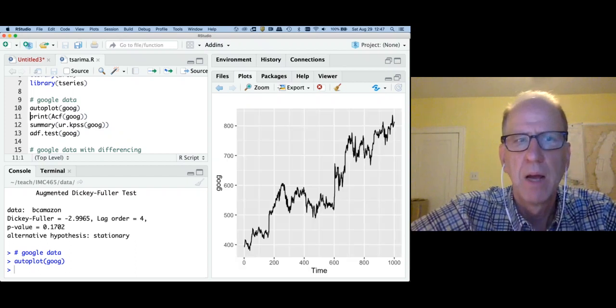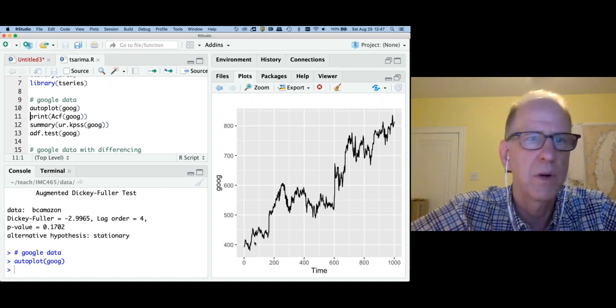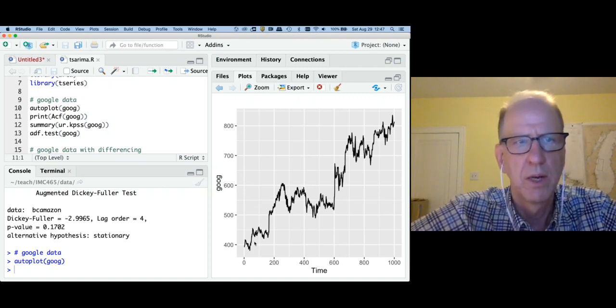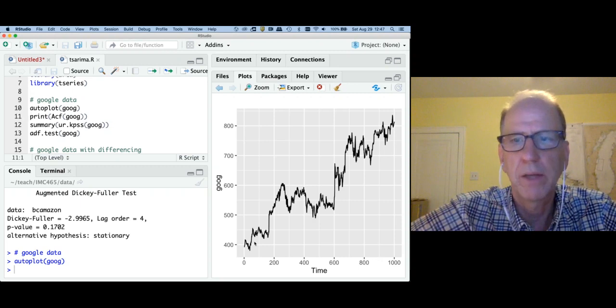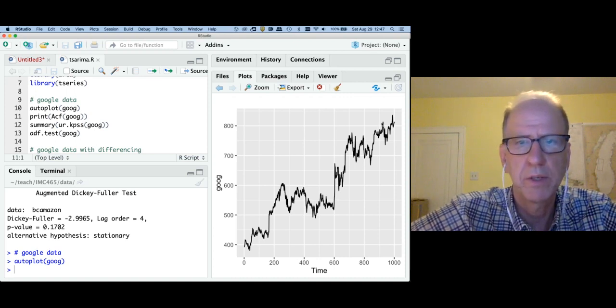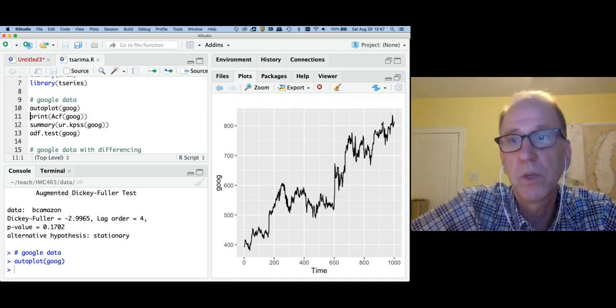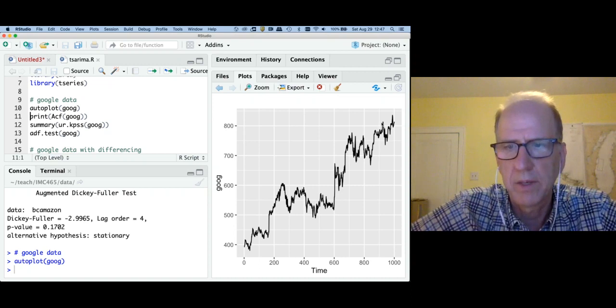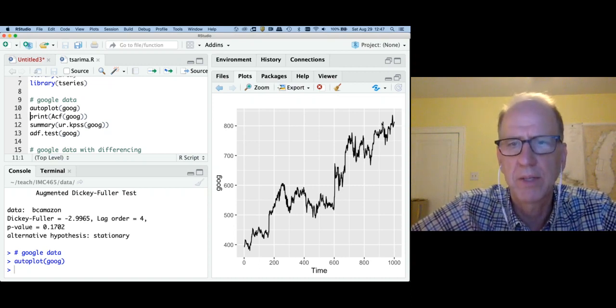If I make a time plot, we see that stationarity is very much in question. The most obvious violation is the trend. There is a very steady increasing trend here, which would signal that we don't have a stationary process.